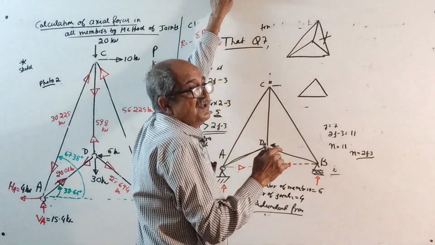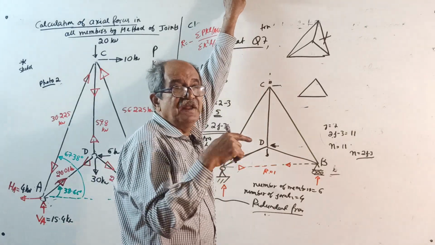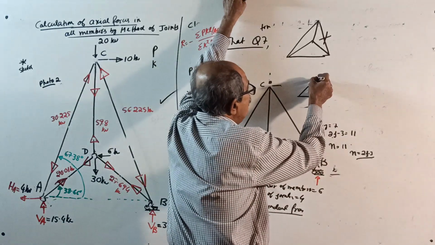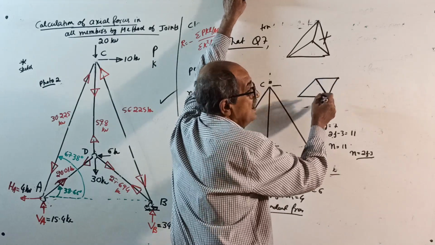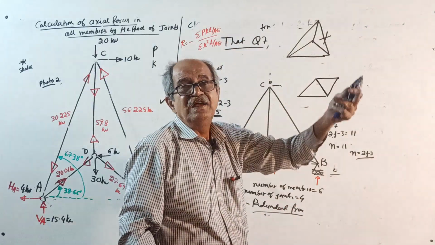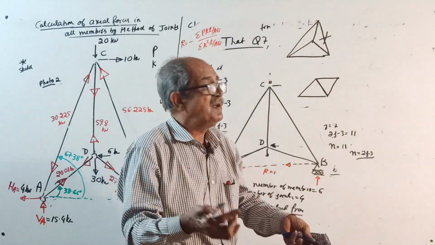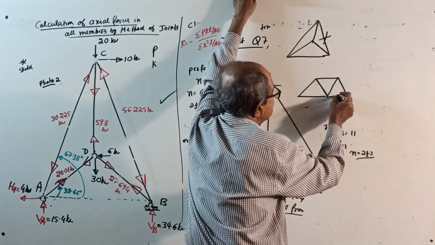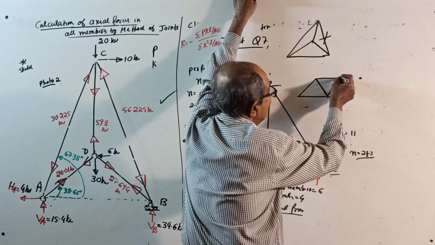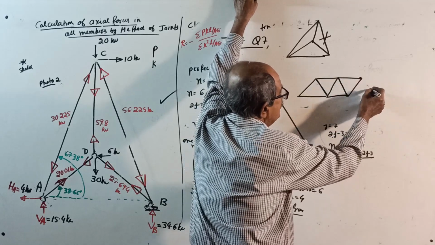Now, a further triangle you create by using one of the sides: put a joint and put 2 more members. Every joint added should have 2 extra members. One more joint you put here, put 2 more members. One more joint here, put 2.